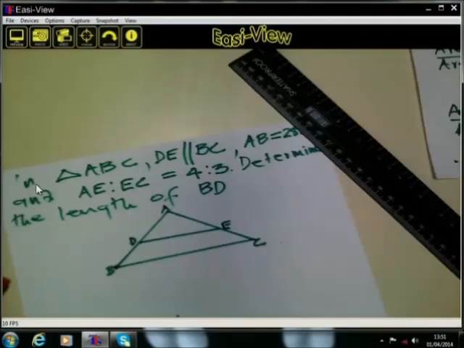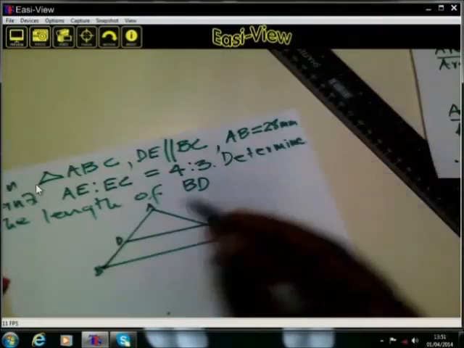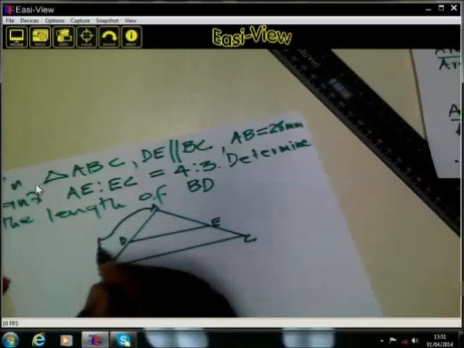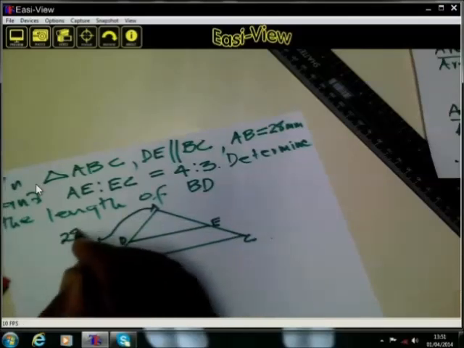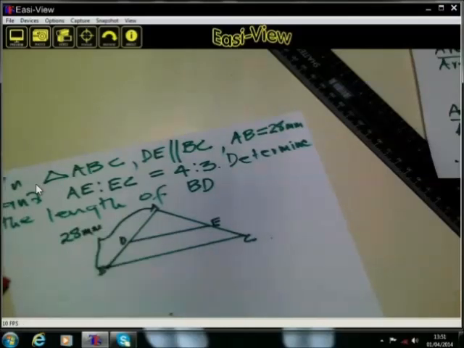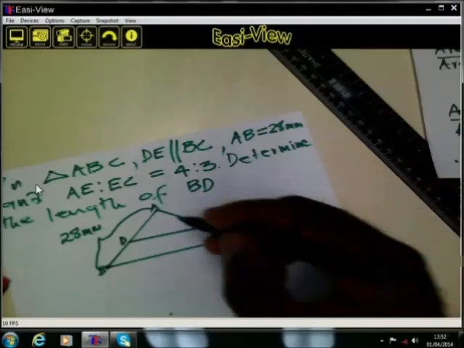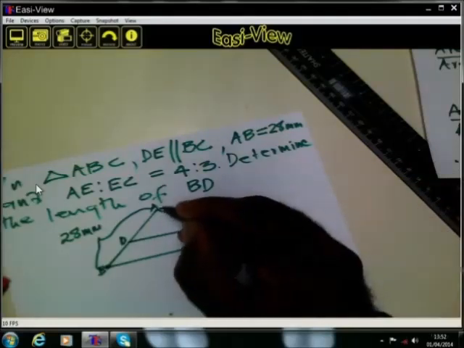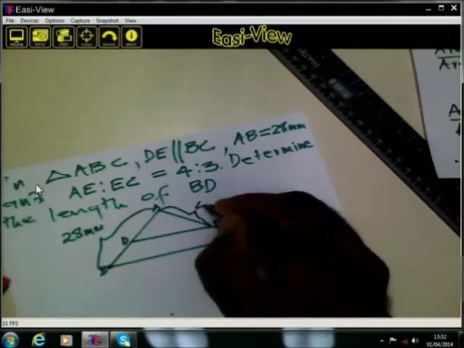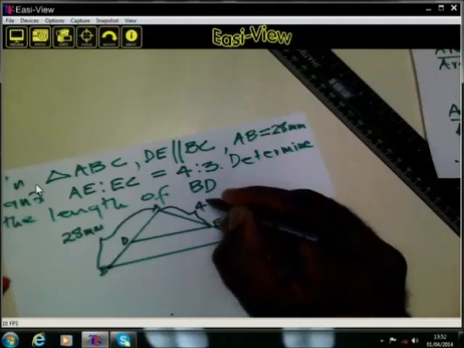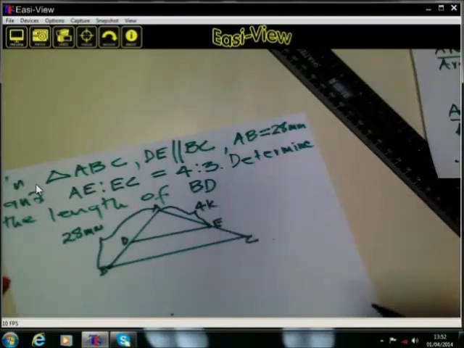Now, when you look at this, they say AB. Where is AB? This is where AB is. AB must be 28 millimeters long. And when you look at AE, they say AE must be 4 units, which I will prefer to write as 4K.